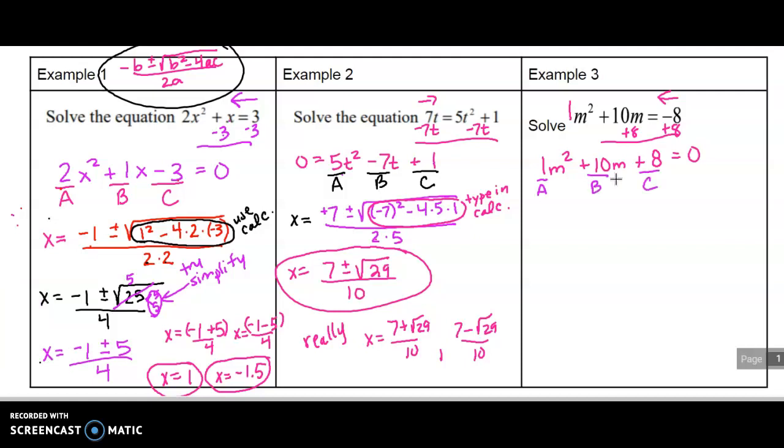So using that formula, we get x equals the opposite of b, so negative 10, plus or minus, we get 10 squared, because that's b, minus 4 times a times c, all over 2 times a.